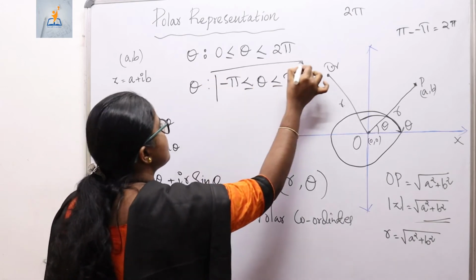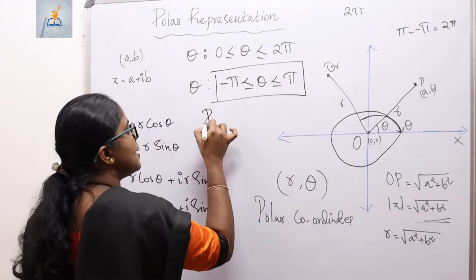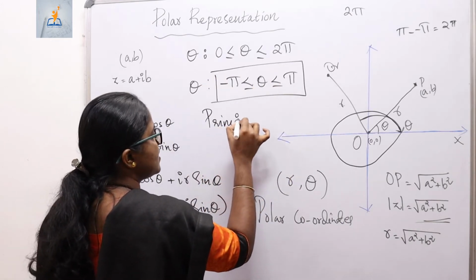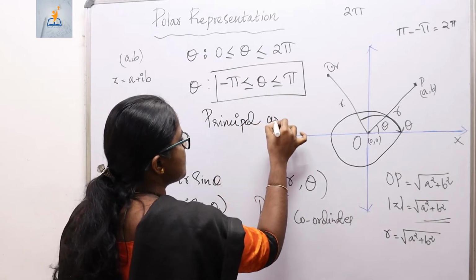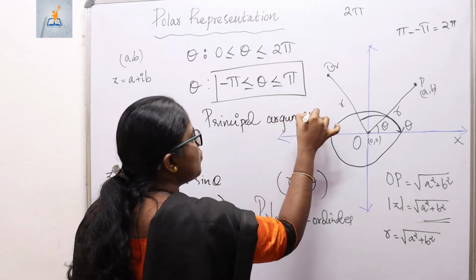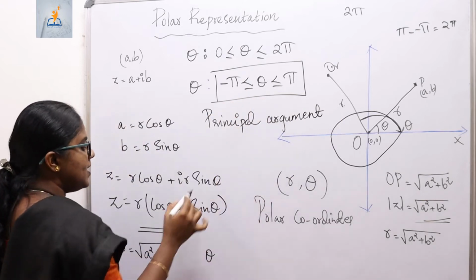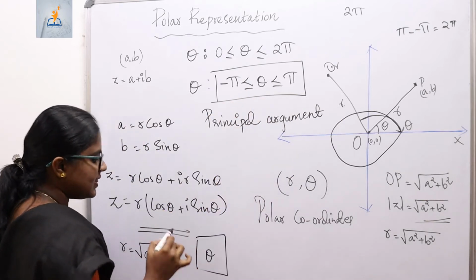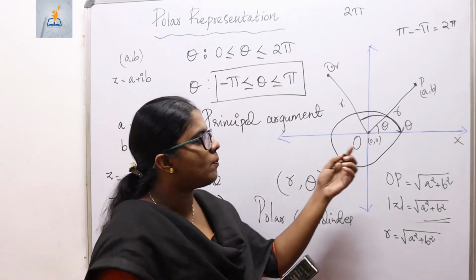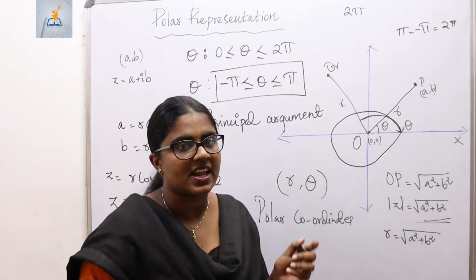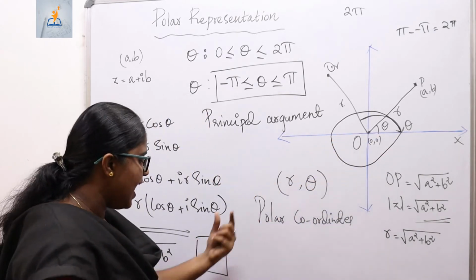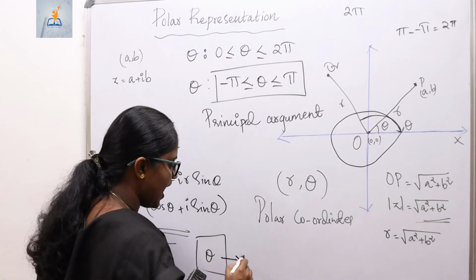This range of theta is called the principal argument. And what is argument? Argument is this theta, the angle made by the complex number with the positive direction of x-axis, and that theta is called argument.